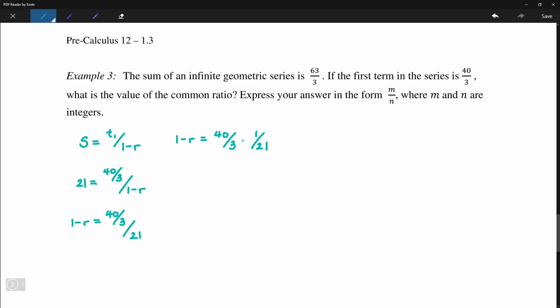Okay, which can be further simplified. Let's see, this would be 40 over 63. And we could isolate the r by itself, so that will be r is equal to 1 minus 40 over 63.